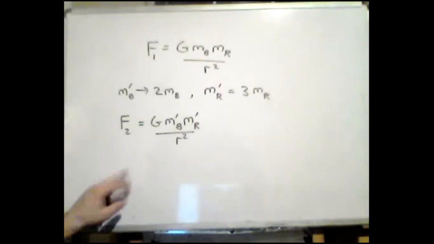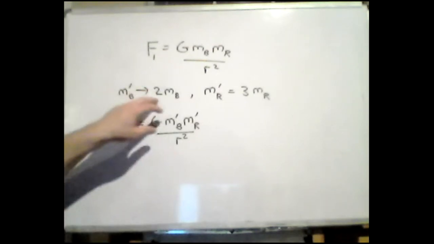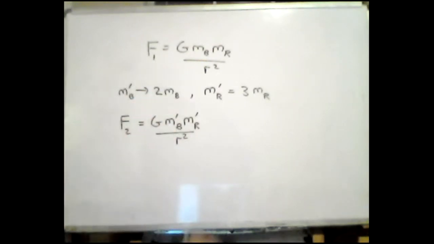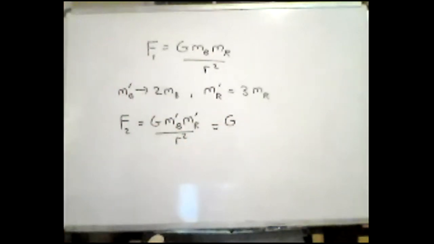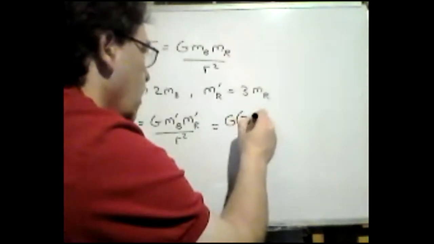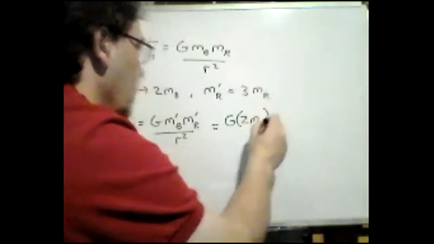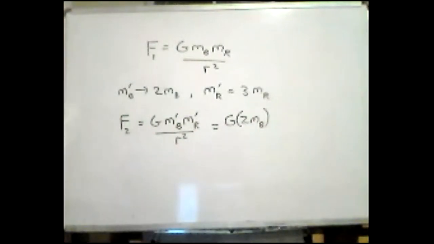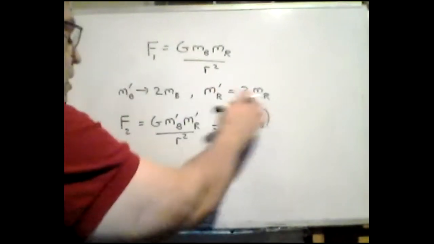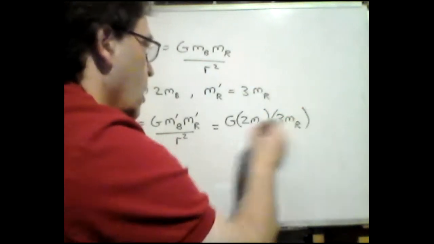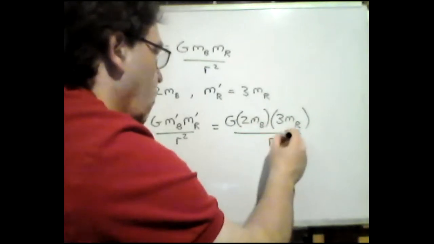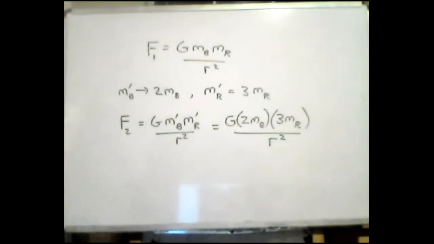I know the relationships between the new masses and the old masses, so I can write this as G. Instead of M sub B prime, it's really 2M sub B. And for M sub R prime, I can write that in terms of the original too: 3M sub R over R squared. Again, I'm writing the force in terms of the original variables.